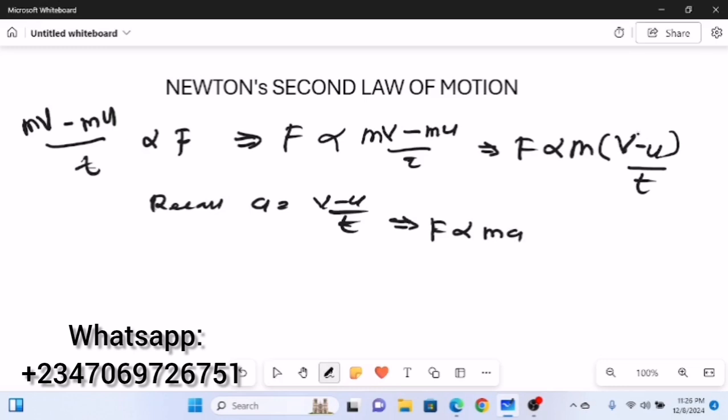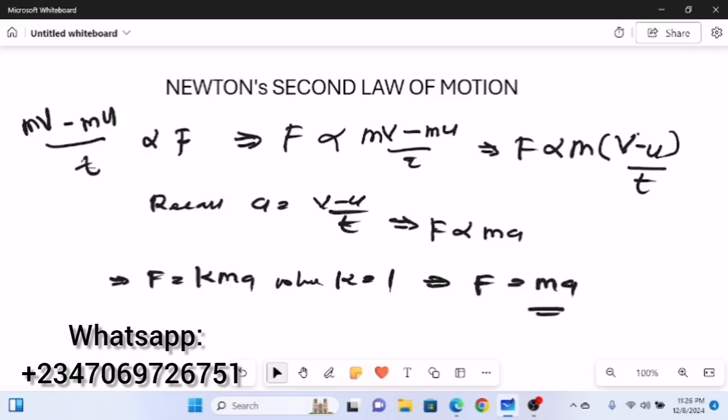Now, if I remove the proportionality sign, I introduce a constant, so force is equal to kma, where this constant is dimensionless and is taken as 1. So if constant k is taken as 1, our force is equal to mass times acceleration, which is Newton's second law of motion.